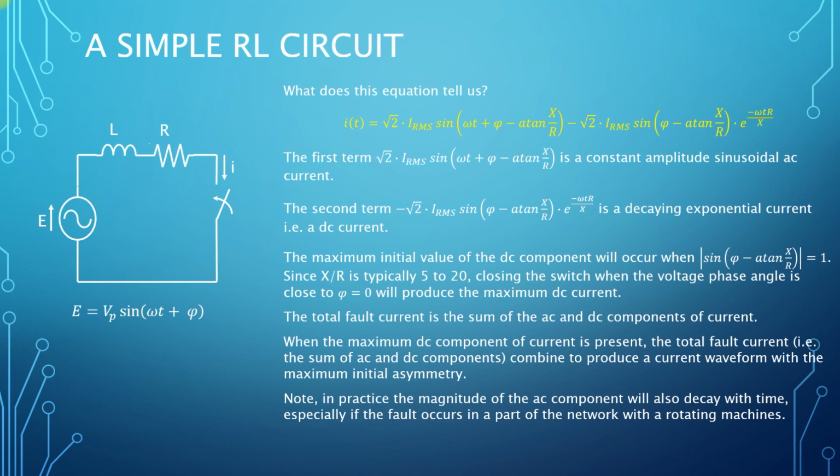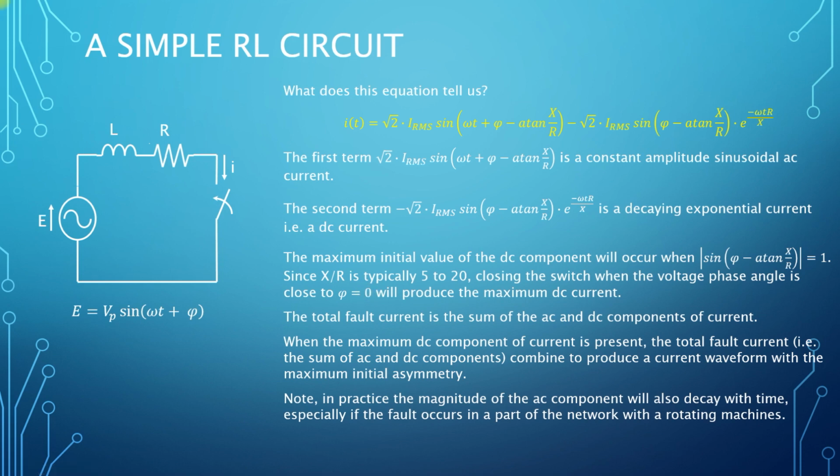And a consequence of this is that the elements of our power system look very inductive, and to get the maximum DC offset in an inductive circuit, then we have to switch at the instant when the supply voltage is going through zero. So the maximum DC component occurs when phi is equal to zero.